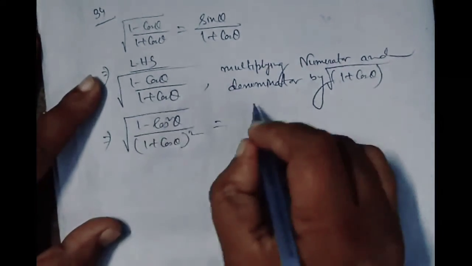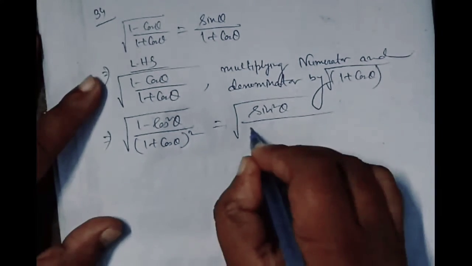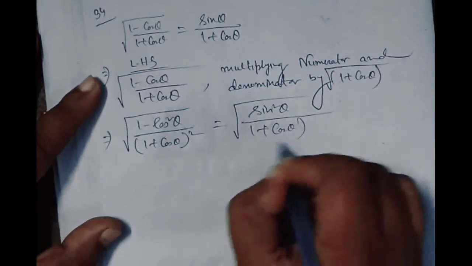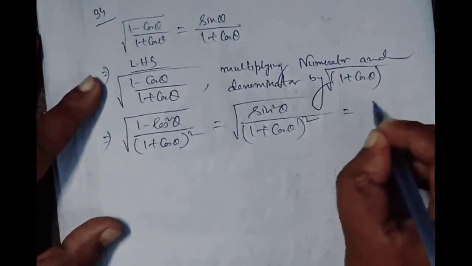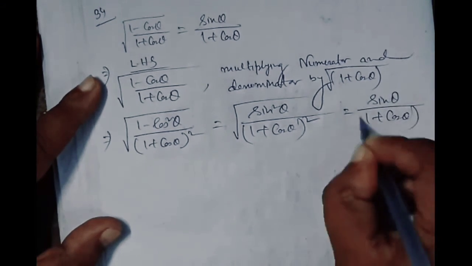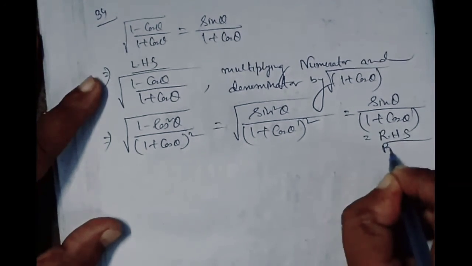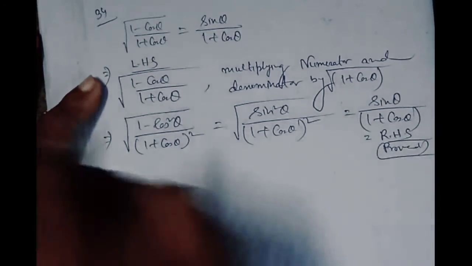This can be written as sin square theta under root, over 1 plus cos theta whole square under root, that is equal to sin theta by 1 plus cos theta, and that is the RHS, proved. Hope you are able to understand it.